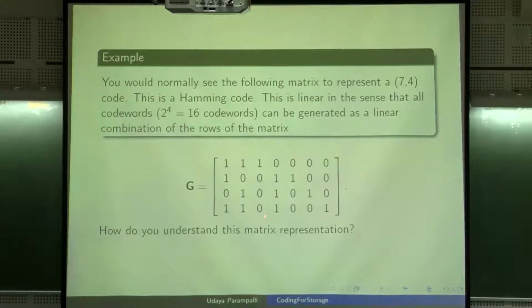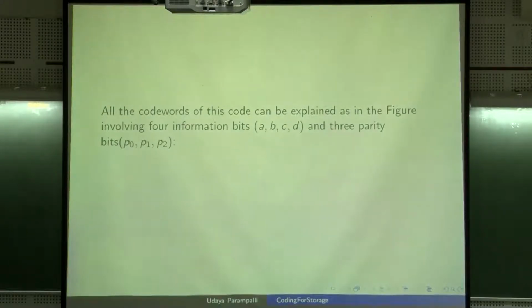So this code has rank 4. But why does he put it here? That was a question people wanted to understand. I will go back and do this here.